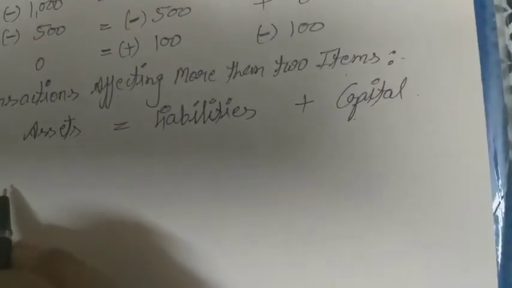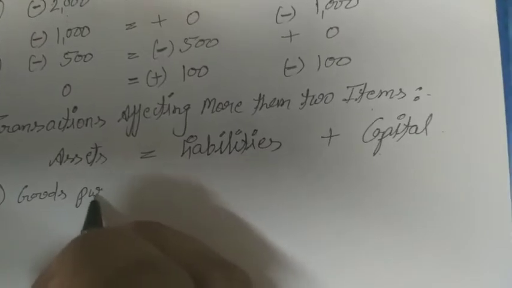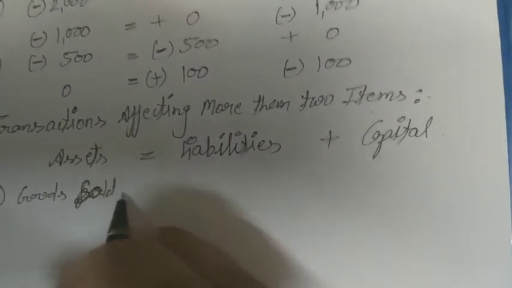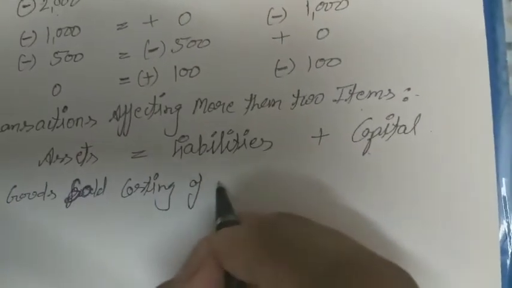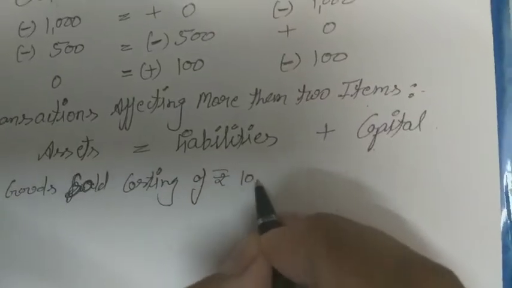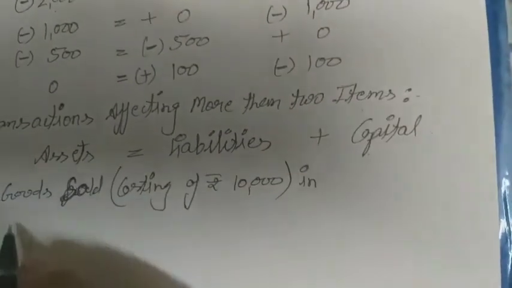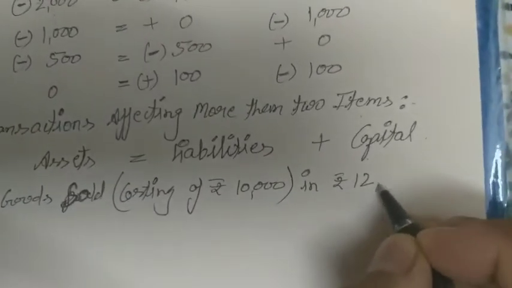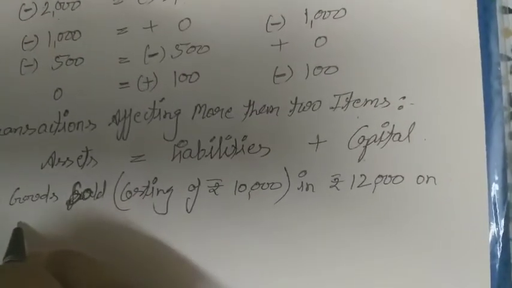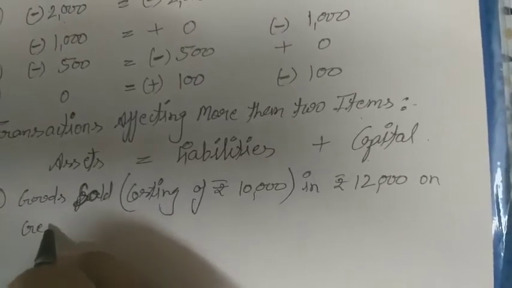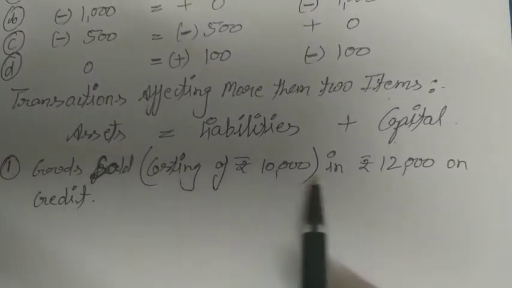I am writing here: goods sold, sorry, goods sold costing rupees 10,000 for rupees 12,000 on credit.